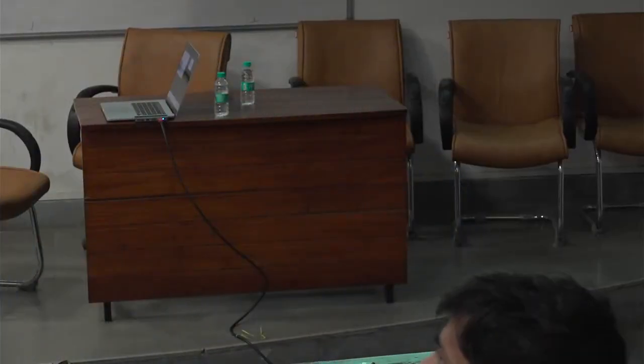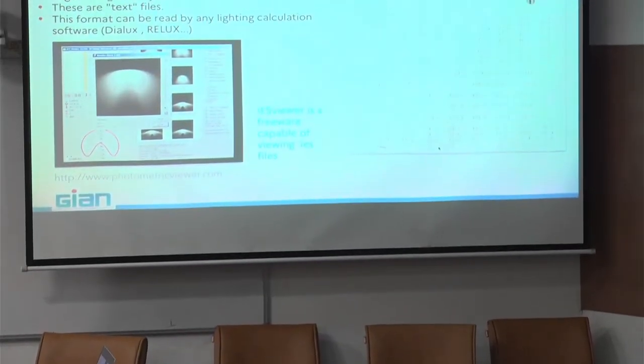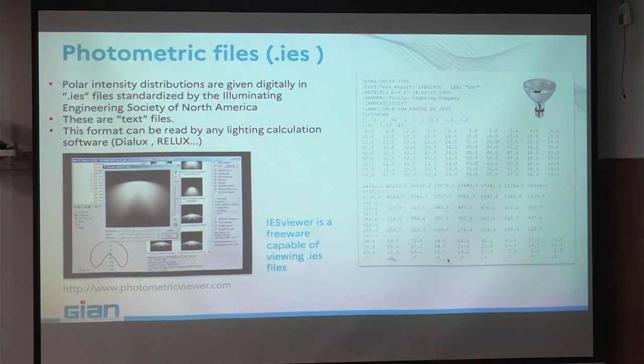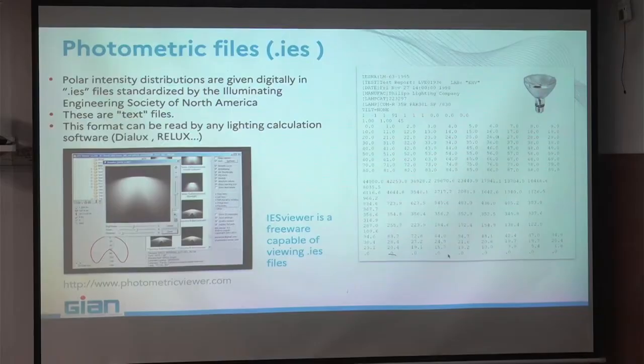They now provide it in a numerical format, and they provide software that is able to use this information and tell you how many lamps you need to put, for example, in that room in order to obtain a given value of illuminance on your table.